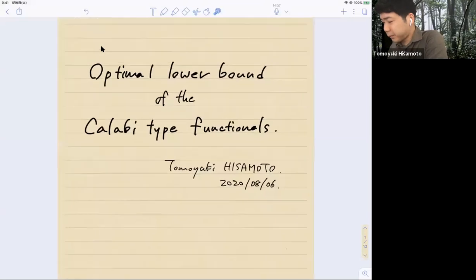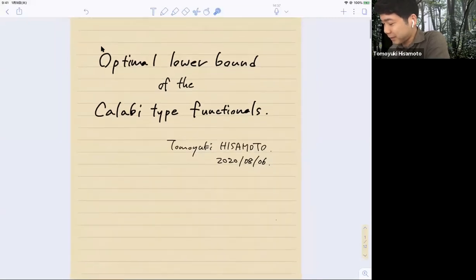So note that this title is not about the Calabi function, but Calabi type function. They have some meaning.